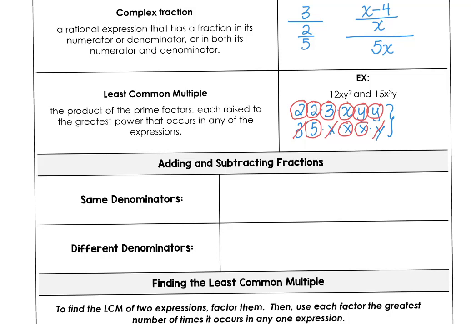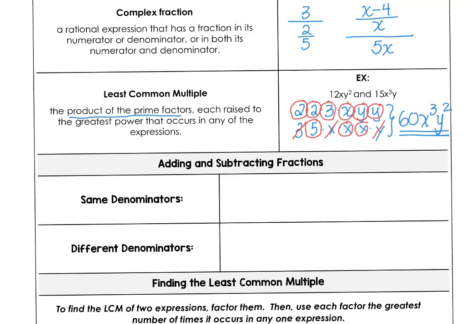Multiplying all of those together, because it's the product of the prime factors, that would be 2 times 2 times 3 times 5, so 60, and then x cubed, and then y squared. So 60x cubed y squared would be our least common multiple.